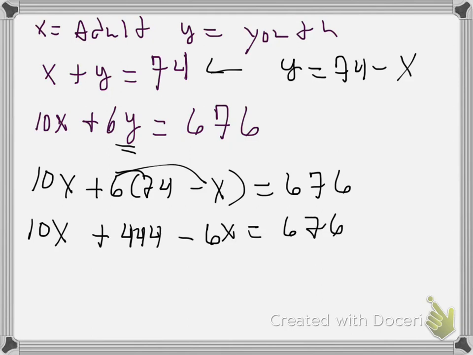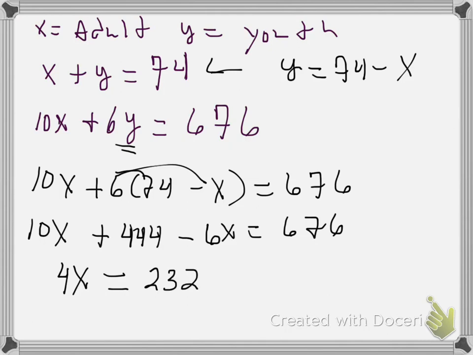So, well, now what we can do is we can combine like terms. And let's see what we're going to get. Let's see. 10x minus 6x is 4x. And if I subtract 444 from each side, I get 232.